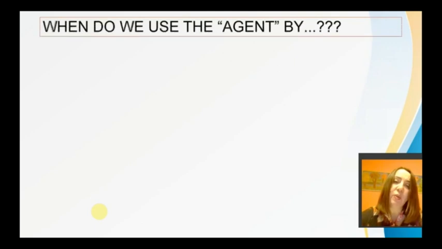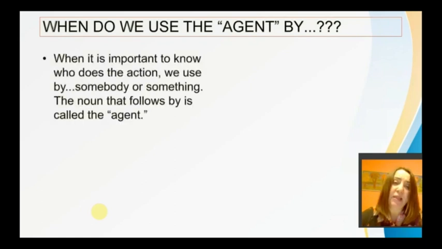When do we use the agent by, somebody, or something? When it is important to know who does the action, we use by, somebody, or something. The noun that follows by is called the agent.